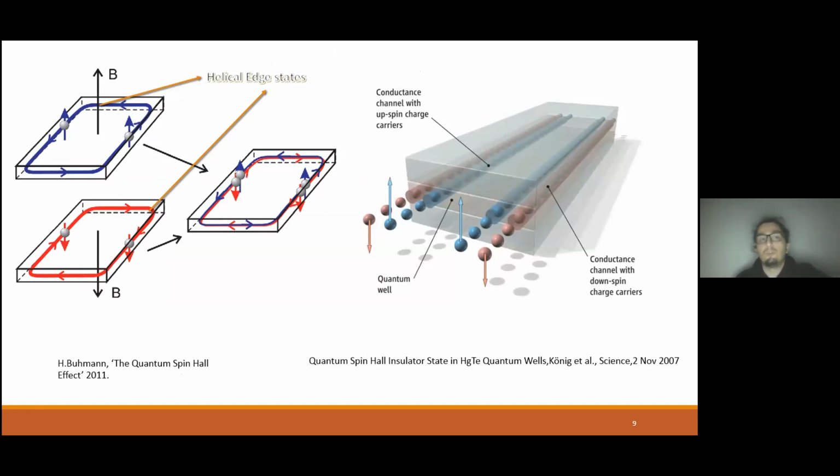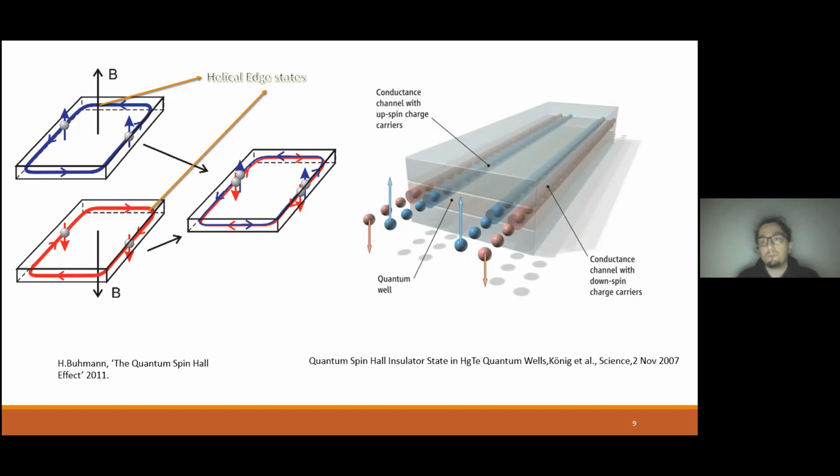While the spin is moving along, it has a magnetic field B of some magnitude pointing upward. Vice versa, in addition, it's moving counterclockwise. So when we go to the downside, the same mechanism happens for the down spin, and it has the corresponding magnetic field as well.